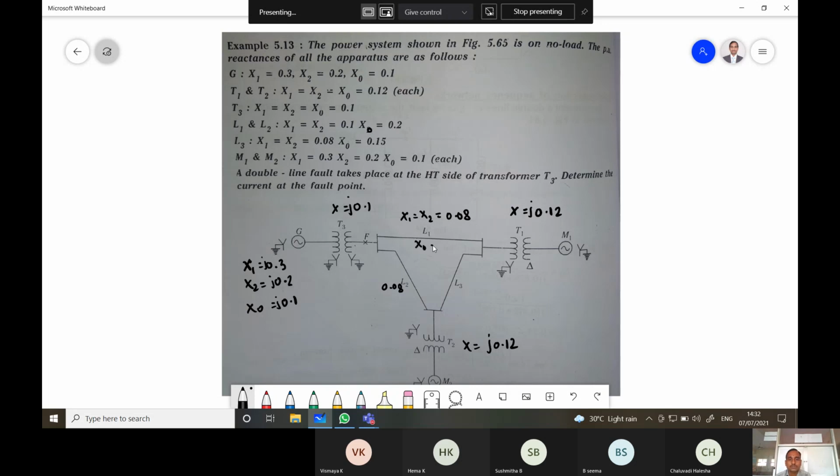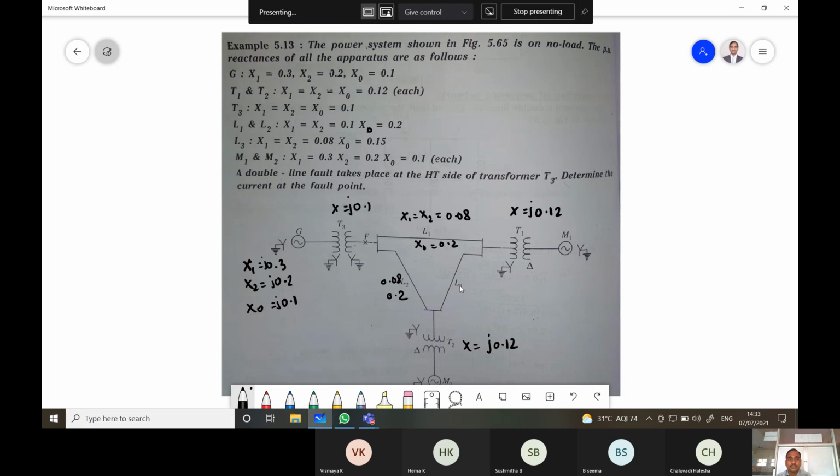X0 is 0.2, and L3, X1 and X2 is... so L1 and L2 it is same, 0.08 and 0.2.